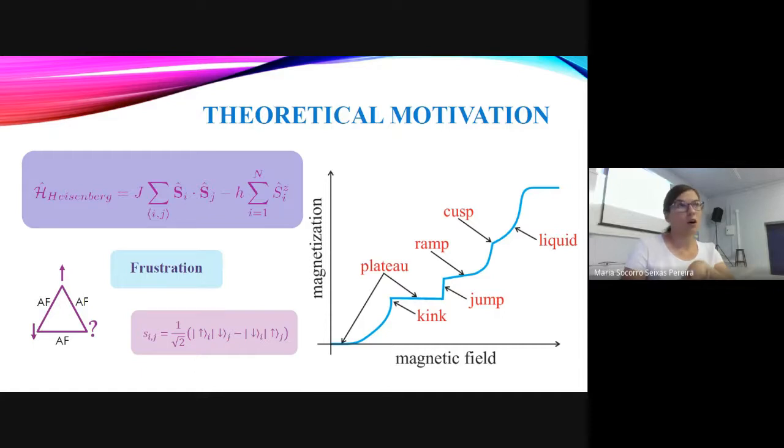And frustration often causes a lot of interesting features, which can also be seen in magnetization. For example, I can mention here in the magnetization curve at zero temperature, it can be seen as a magnetization plateau or magnetization jumps and steps, or quasi-plateau or magnetization ramp, or cusp, kink, or spin liquid.